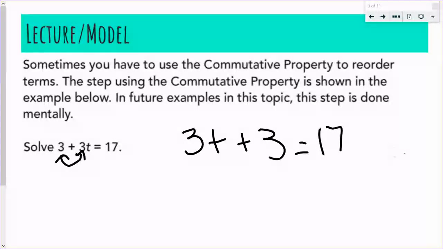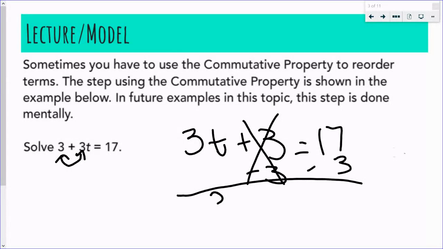Now it is much more clear that this 3 is being added, so we're going to undo it with subtraction. So now I have 3t equals 14, because 17 minus 3 is 14. Divide both sides by 3.